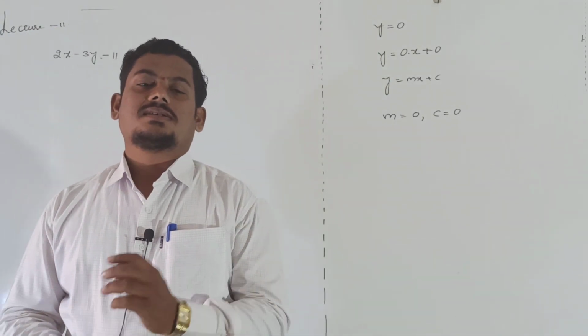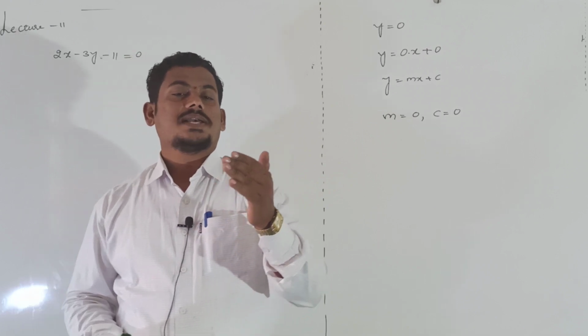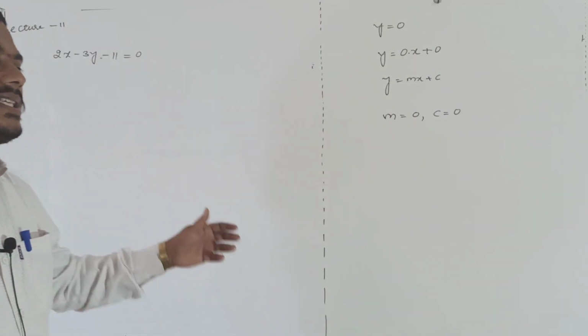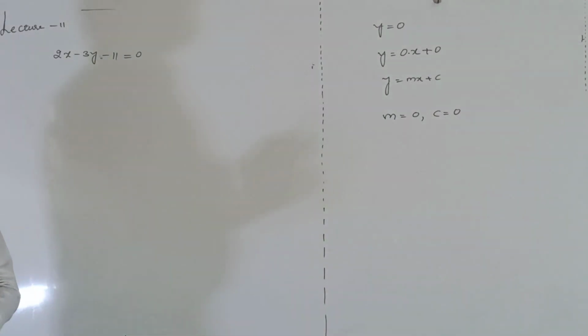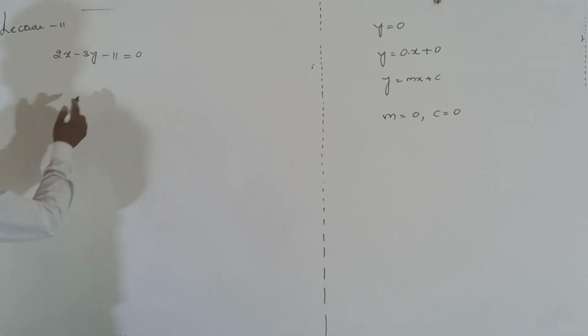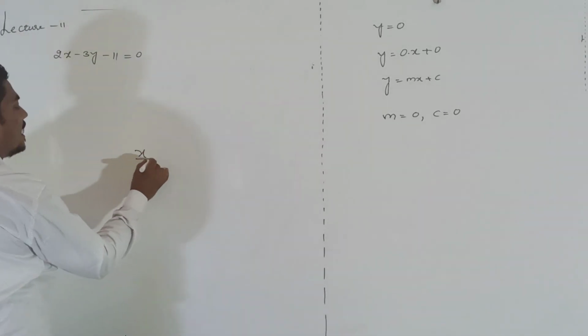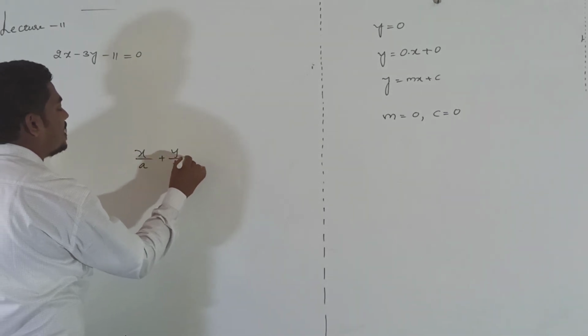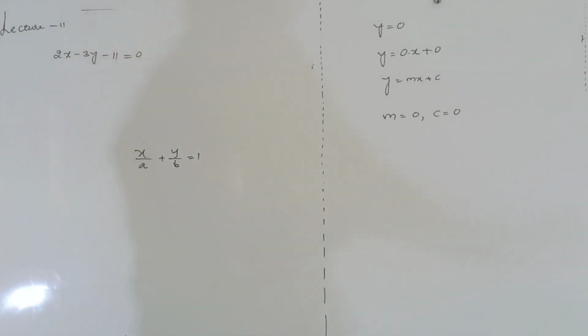Intercept form means it should be in the form of x by a plus y by b equal to 1. Write this equation in the form of x by a plus y by b equal to 1. Intercept form of the equation of the line is x by a plus y by b equal to 1, right?